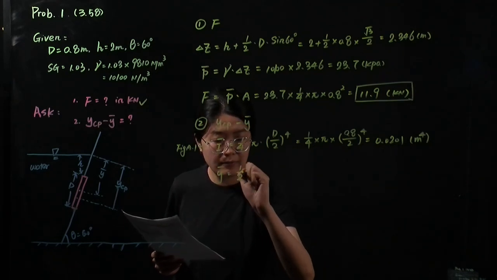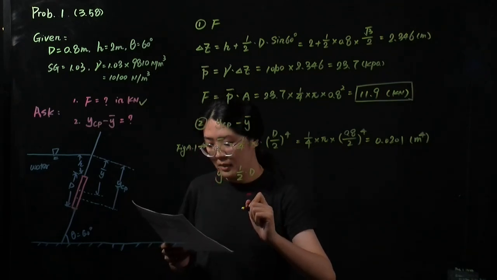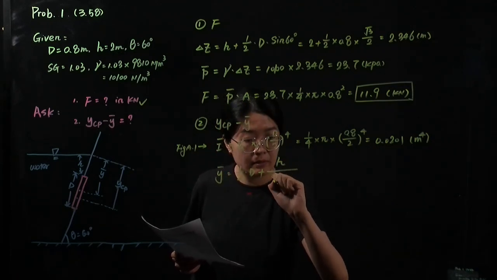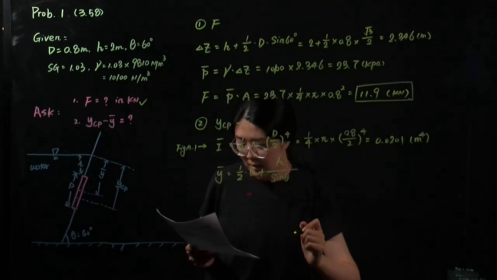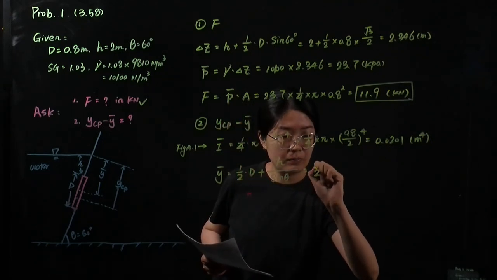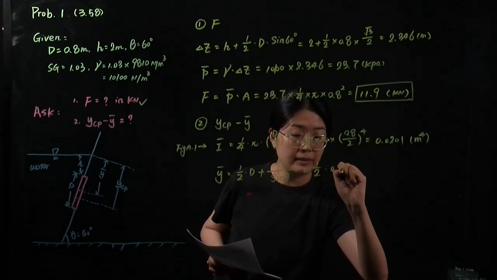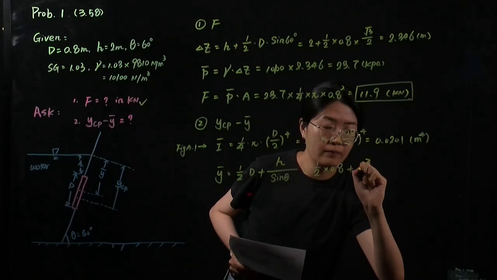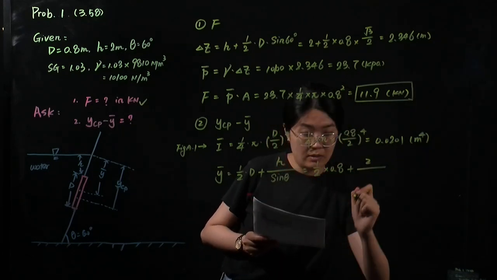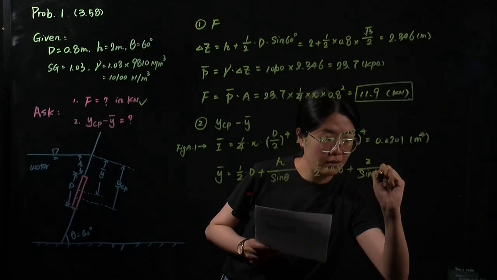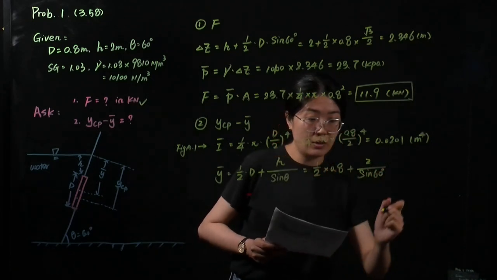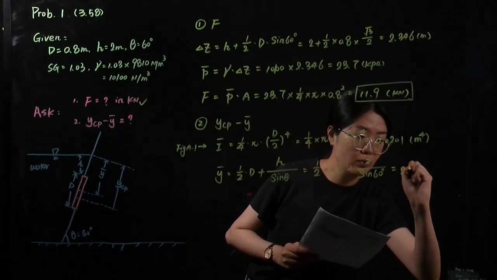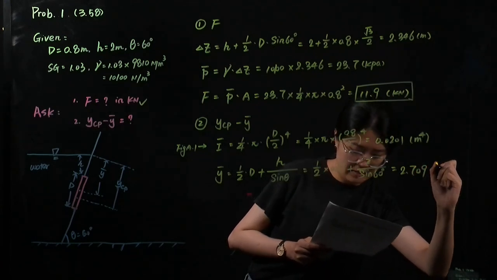So it's 0.5 times diameter plus h over sine theta, which is 0.5 times 0.8 plus h, which is 2 meters, over sine theta. So after we calculate it, we got the y bar, it equals 2.709 meters.